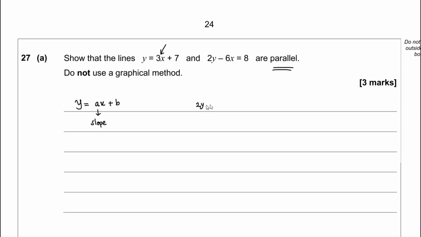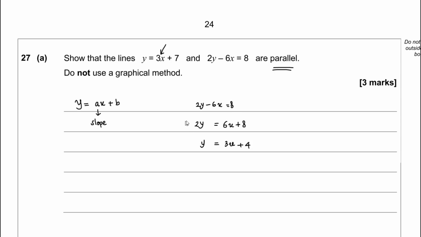If 2y minus 6x is equal to 8, then I move 6x to the right, so we have 2y equal to 6x plus 8 on the right hand side. We want to leave y alone, so y is equal to 3x plus 4.